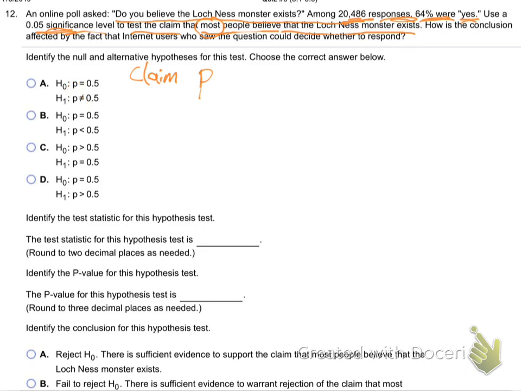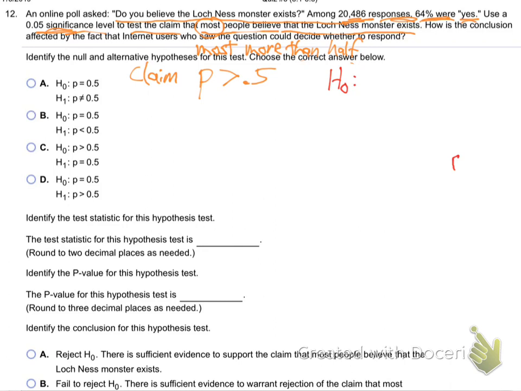What does most mean? Greater than 0.5. Most is more than half. Isn't that what most means? More than half? So that's the claim, that most believe in the Loch Ness Monster.